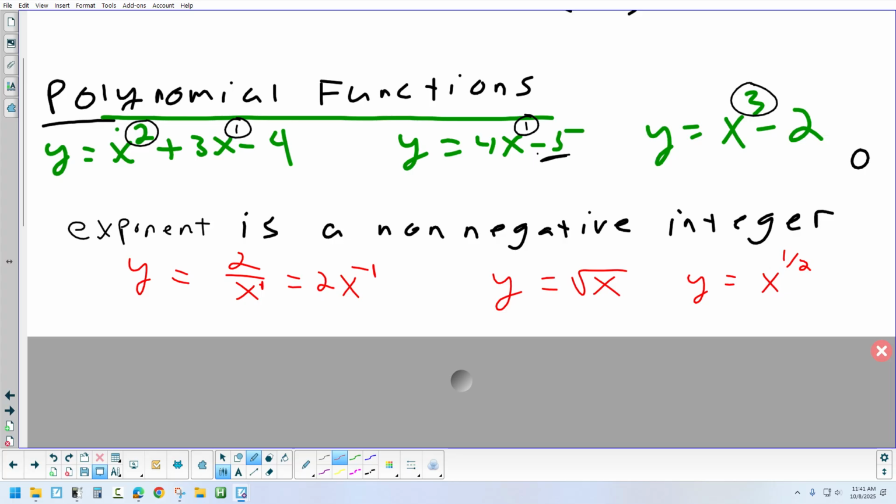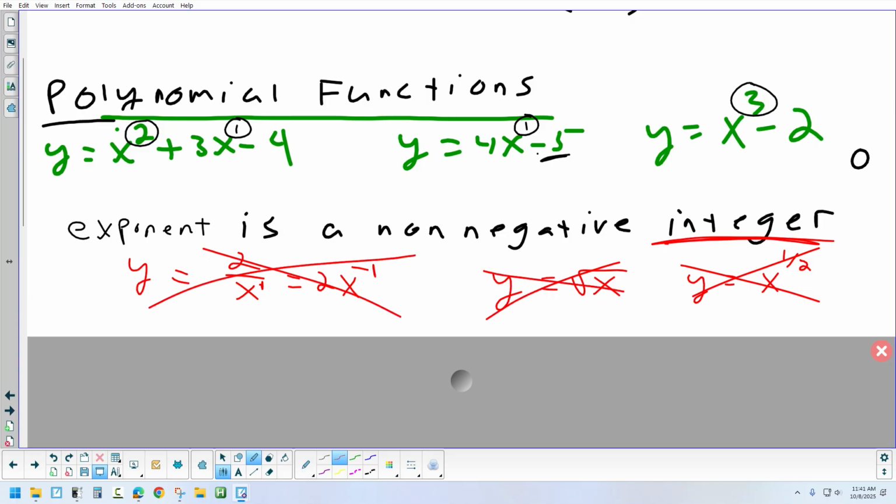If you type in the square root of 9 on your calculator, or you type in 9 to the 1/2 power, you'll get the same answer. So a square root is a power that is a fraction. Fractions are not integers. So these are things that are not allowed for polynomials. The ones in green are good. Ones in red are not.